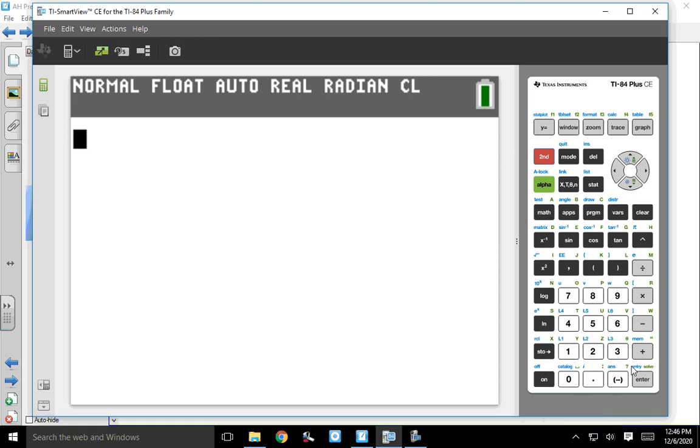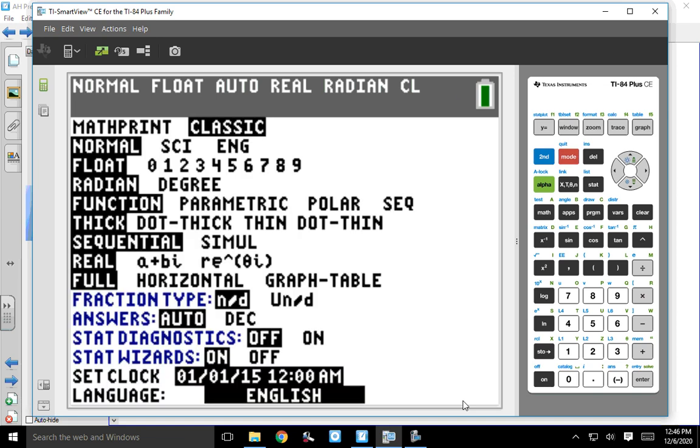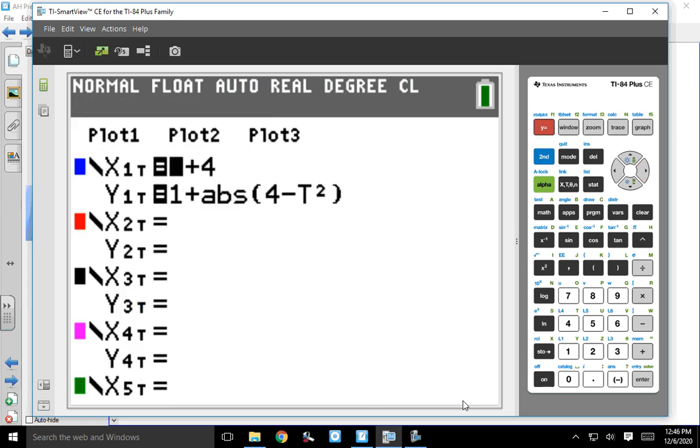All right, so with our calculator, before we go to the y equals menu, we need to get ourselves in the right mode here. So hit your mode button, and let's go down to, first of all, putting this in degree mode, because that's what they said to do for this problem. And the second thing is where they asked us to sketch this in parametric mode, so switch over to parametric mode from function mode. All right, so now when you go to your y equals menu, let me clear out these equations I got there.